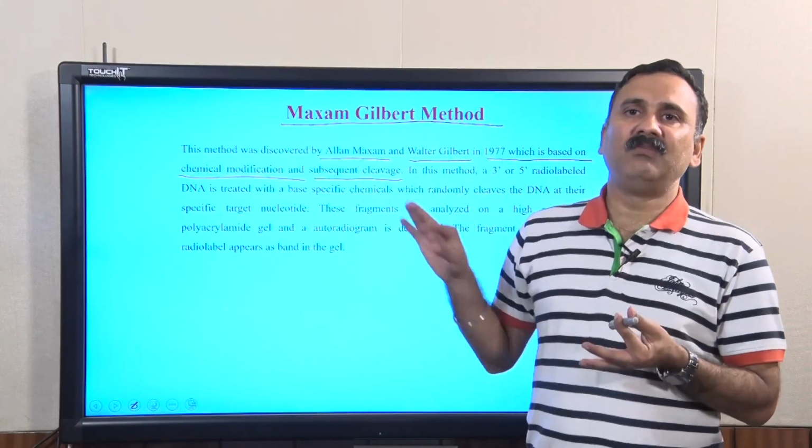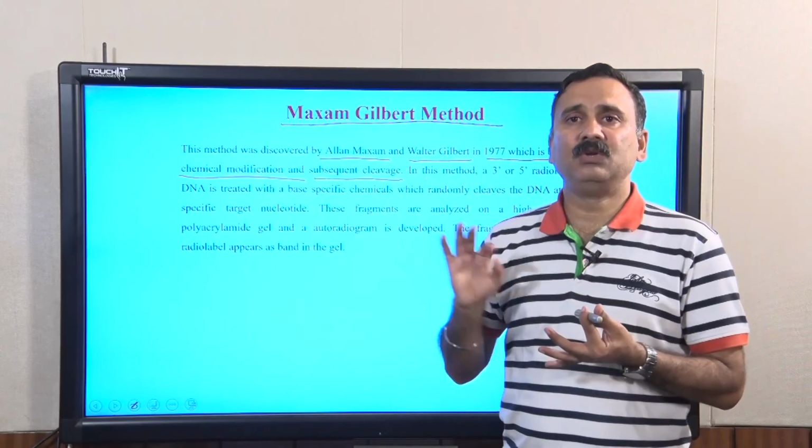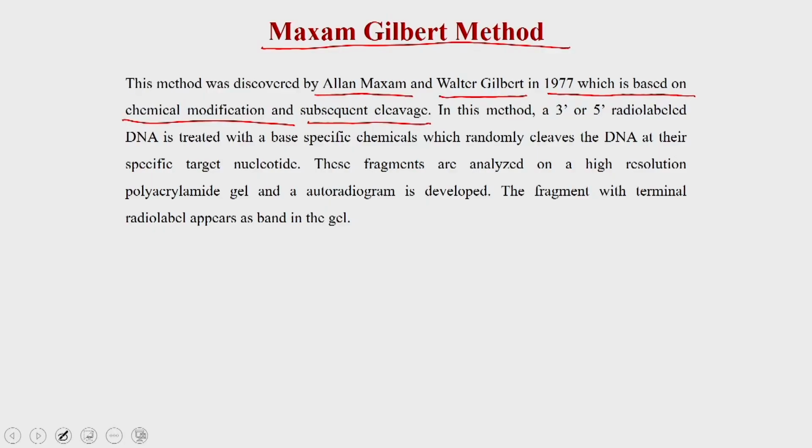Whereas, the Maxam-Gilbert method utilizes base modification as well as cleavage. In this method you first modify the bases and then you catalyze cleavage reactions. You label either the 3 prime or the 5 prime end of the DNA, and then you treat the DNA with base specific chemicals which modify the bases.